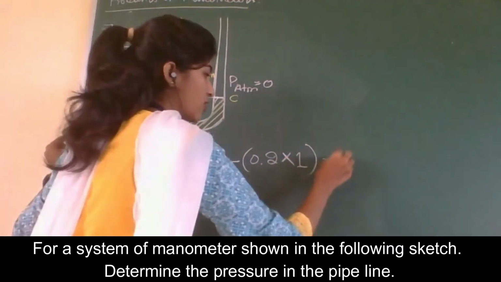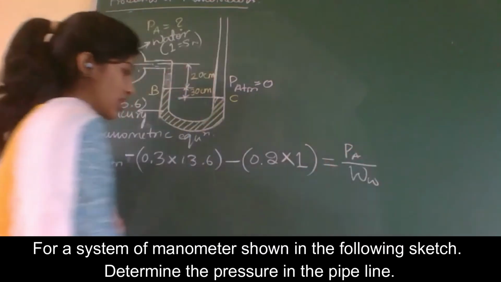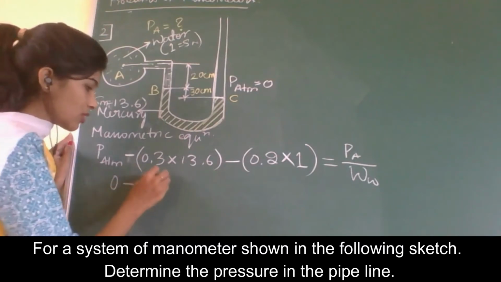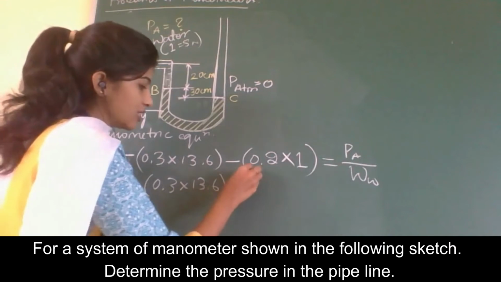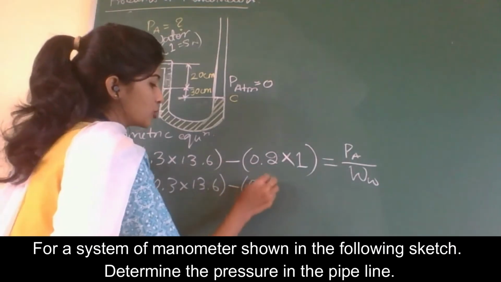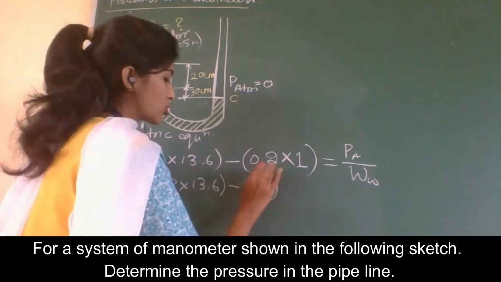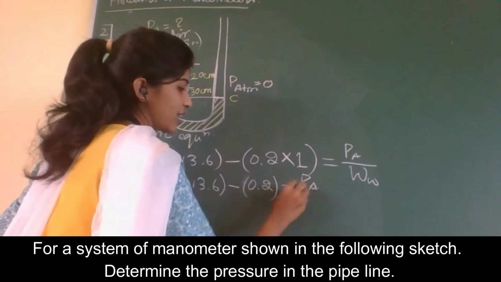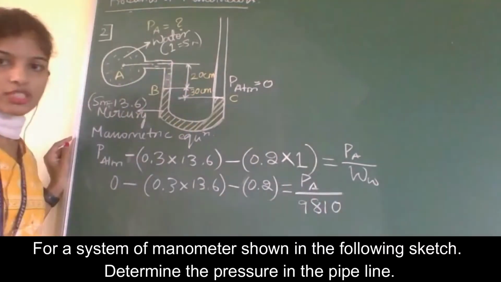Which will be equal to pressure at point A divided by specific weight of water. So this is 0 minus 0.3 into 13.6 minus 0.2, because 0.2 into 1 is 0.2, that will be equal to pressure at A divided by the weight of water, 9810.